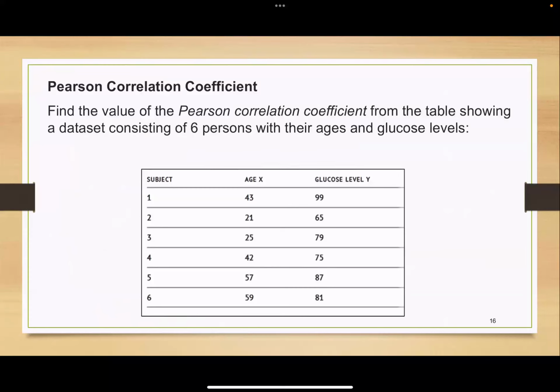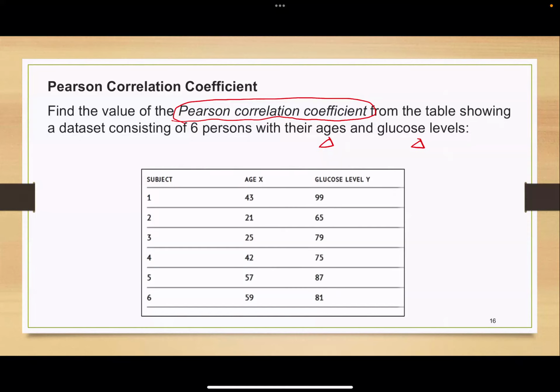So let's see an example of the Pearson correlation coefficient between age and glucose levels. It means the relationship between age and blood glucose. Then we want to say if the glucose level is related to the age.